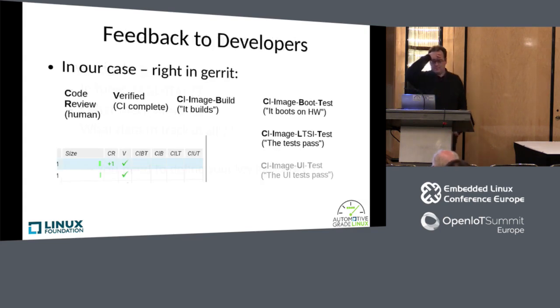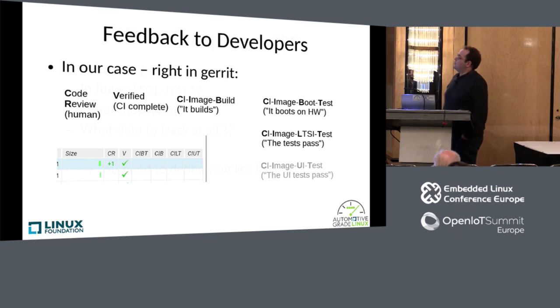In the end, we want to give our developers fast feedback. So in our Gerrit, beside the code review and the verified that comes from Jenkins, we added a couple of fields which will then get their tick as the process passes.